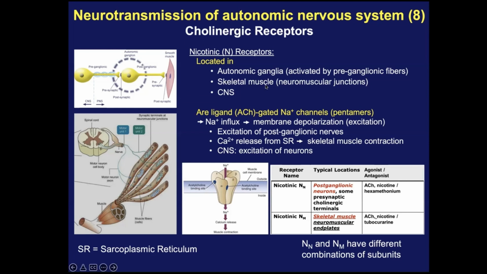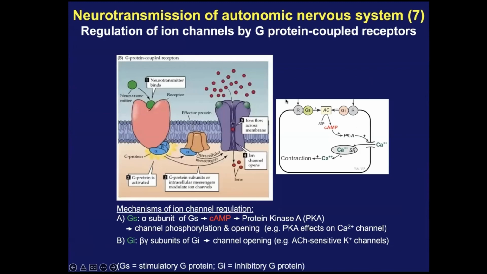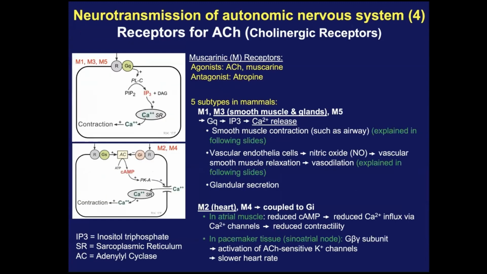Let's go back to some slides. Okay, here we can see the AC enzyme can be regulated by either the GS or the GI. So when the GS is activated, it stimulates the AC activity to increase cAMP, to increase the calcium influx.